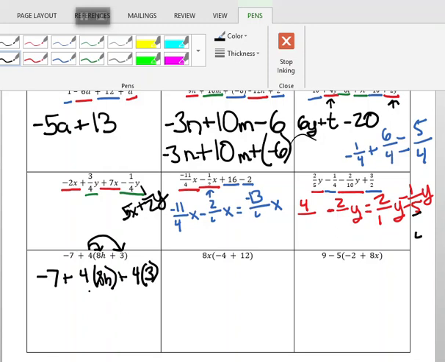All right, so 4 times 8h is going to give me 32h plus 12. And then I have my negative 7 plus 32h plus 12. When I combine the negative 7 and the 12, I get 5. So I'm left with 32h plus 5.